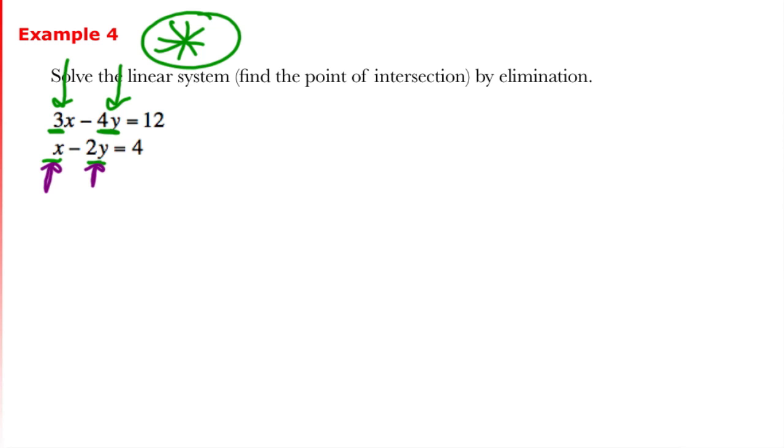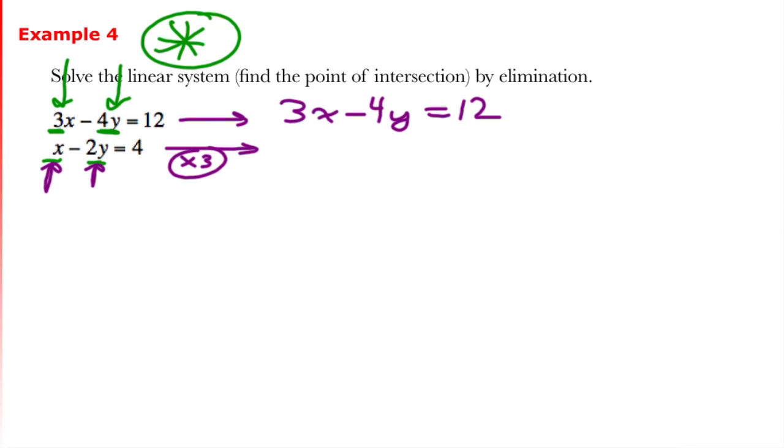So I'm just going to pick it. I'm going to multiply the second line all by 3. The first line I'm going to rewrite exactly how it is already, but the second line, every single term has to get multiplied by 3. So we'd have 6y and 12.